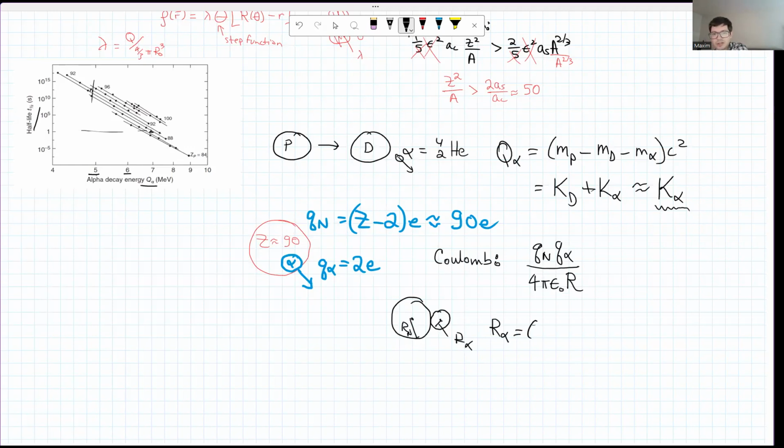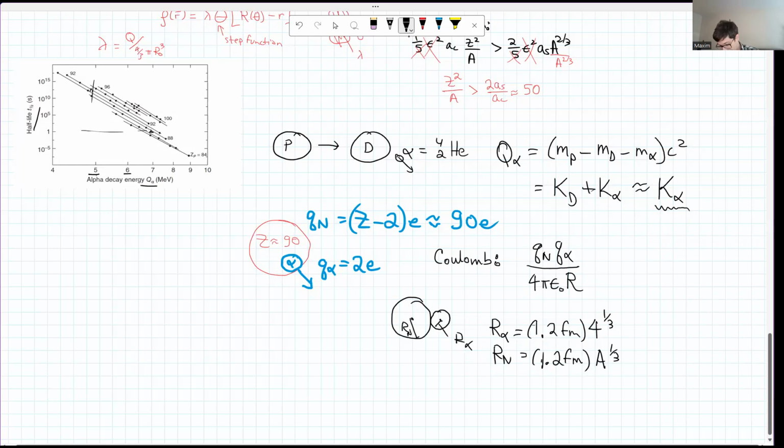Remember the formula: 1.2 femtometers times the mass number to the 1/3. So for the alpha it's 4 to the 1/3, and R of the nucleus is 1.2 femtometers times whatever the A value is to the 1/3.